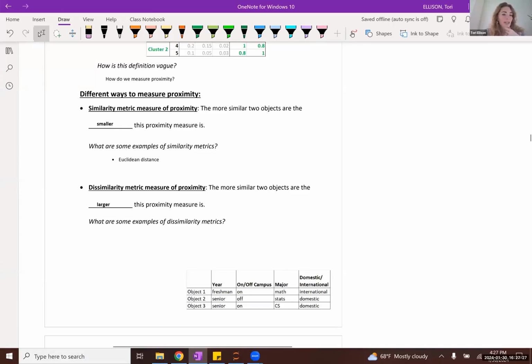So not Euclidean again. Basically, if the distance between 2 points is large, that generally means those 2 points are very dissimilar to each other.